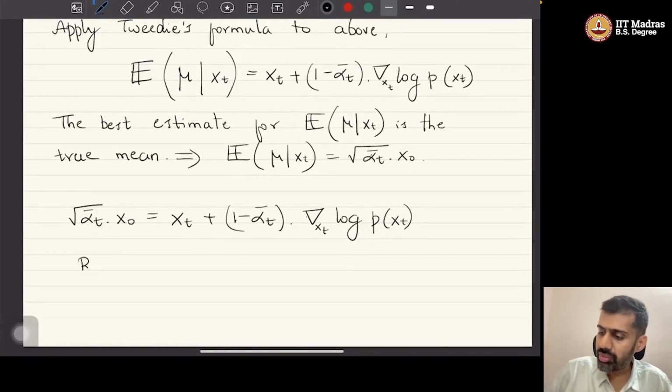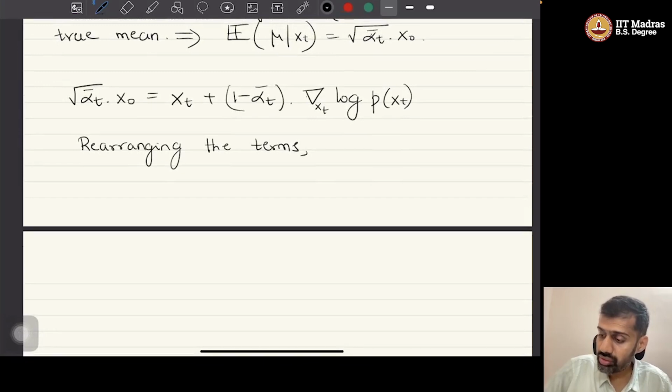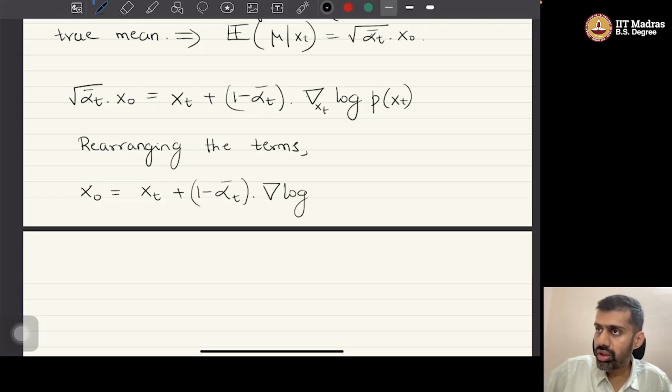Now rearranging the terms, if we rearrange the terms here, I can write x naught in terms of xt and the score function times the derivative of log of p of xt, which is the score function with respect to xt, divided by, this is just rearranged in the terms and in the algebra, this will be root of alpha t bar.